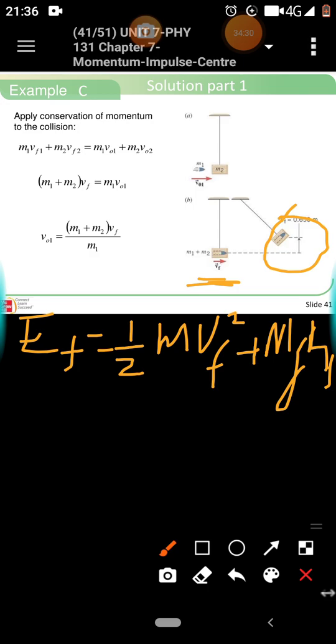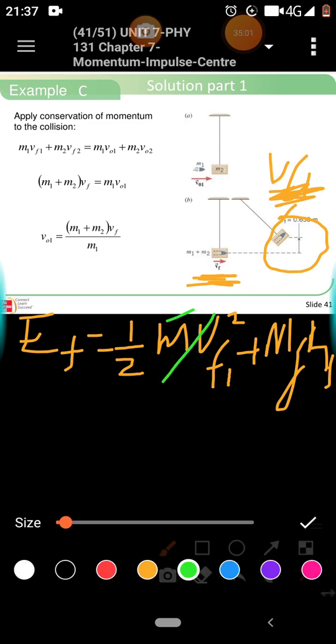Here the velocity is different, so let's call this one final one.